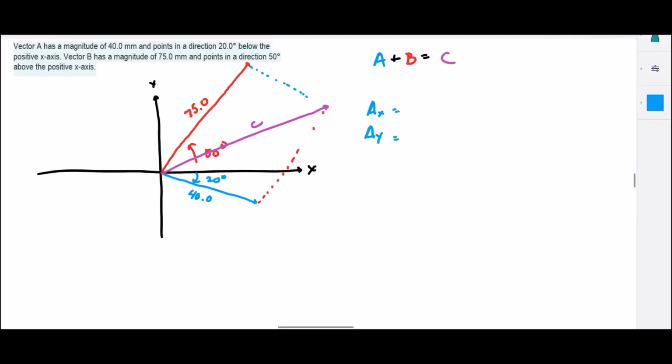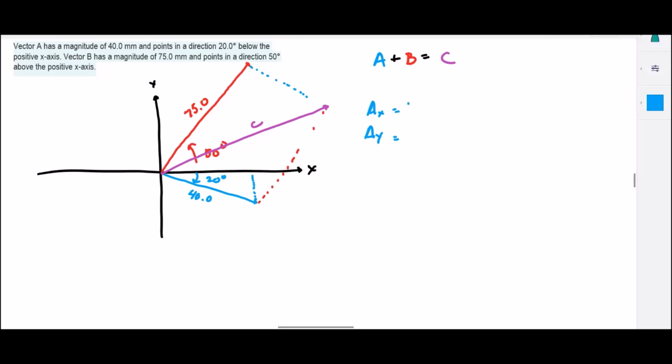Okay, so A is this one here, and it's negative 20 degrees. I'm going to go with 340 degrees because I know that's how my calculator will read it. And I have essentially the hypotenuse. If I want to find the x component, I'll be using cosine, and if I want to find the y component, I'll be using sine.